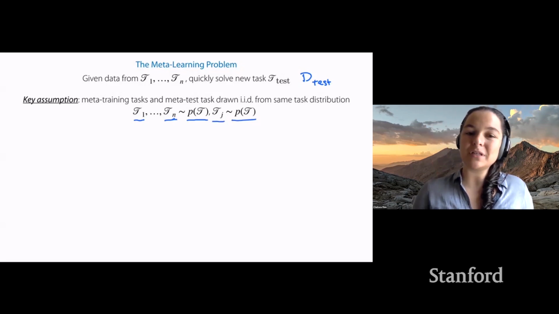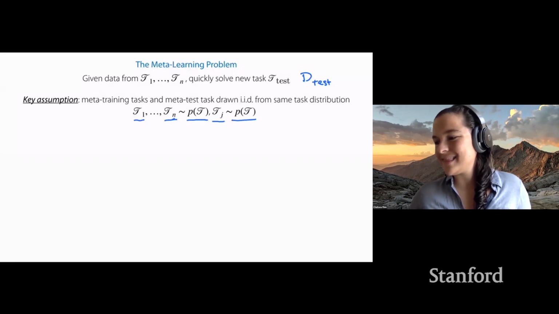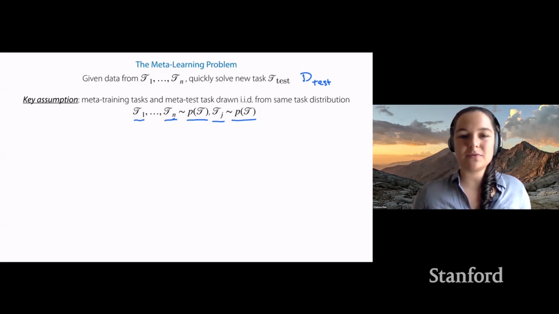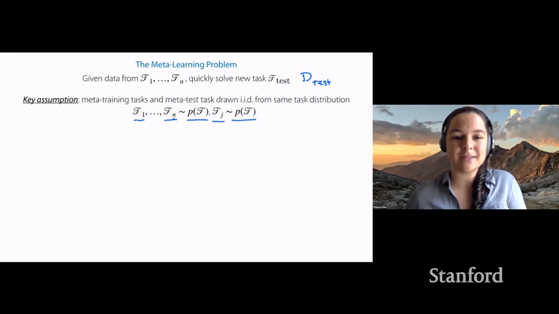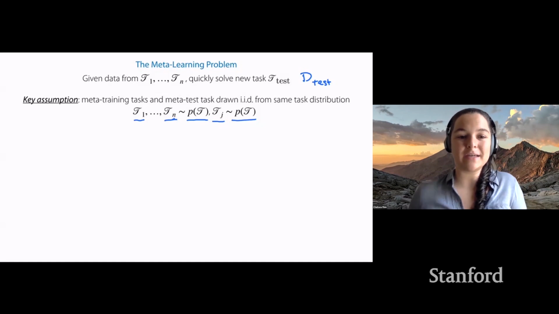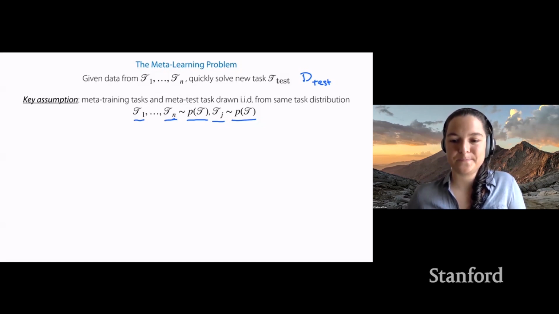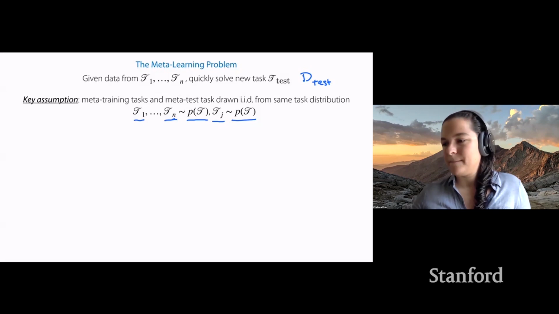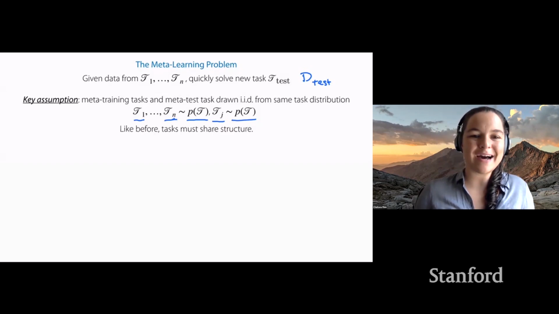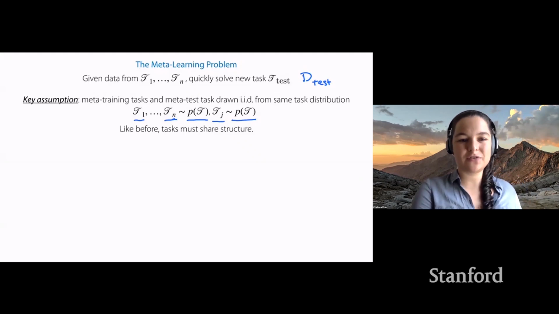This assumption is really important because after we've trained on this set of tasks, when we're given a new task, we can expect that we'll generalize under the same principles of IID training in supervised learning. And then like before, like multitask learning and transfer learning, the tasks must share some structure.